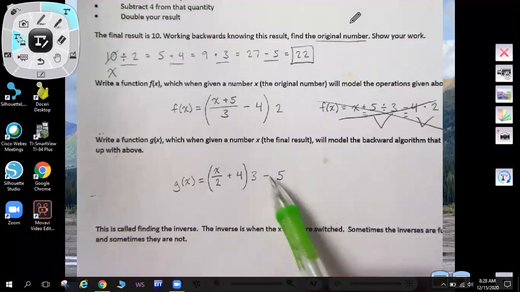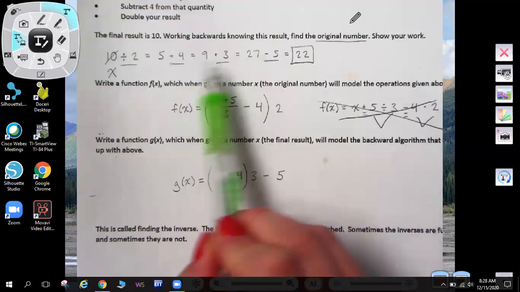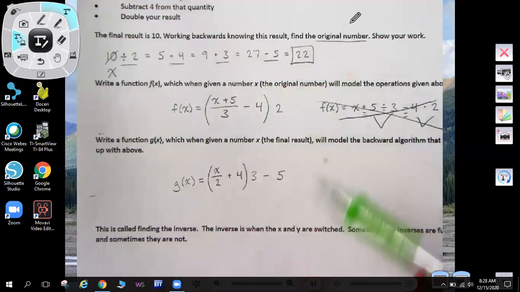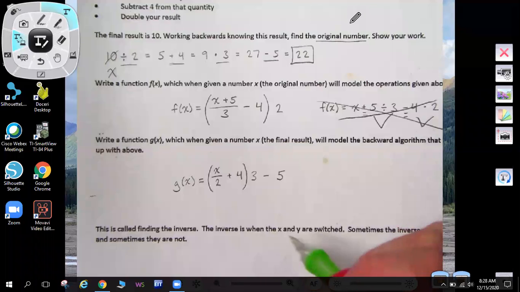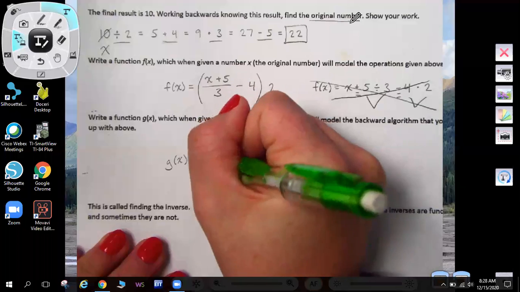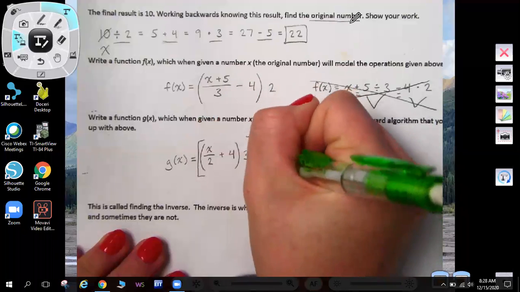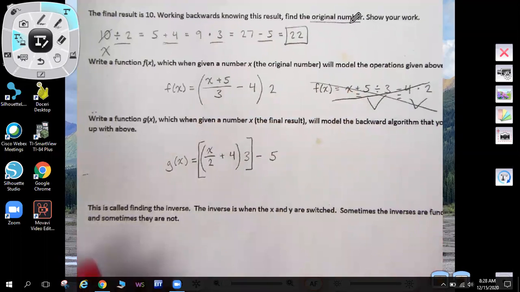Now, based on the order of operations, this that's inside the parentheses will get multiplied by 3 before you subtract 5 anyway, which is what we need to happen based on our work. But if you want to make for certain that that gets done first before subtracting 5, you can always add some brackets here. It's not necessary to have the brackets, but it definitely doesn't hurt anything to have them.